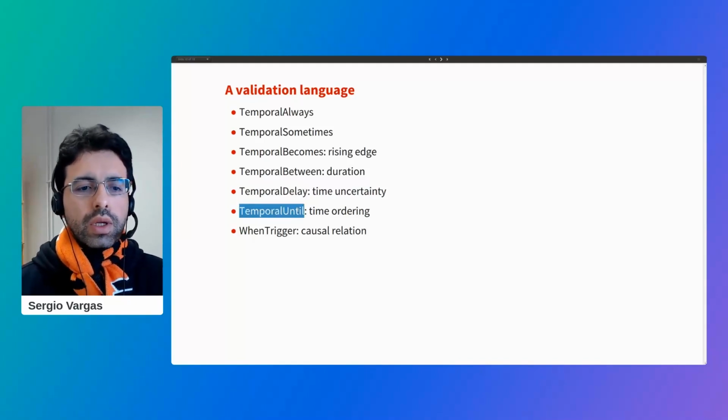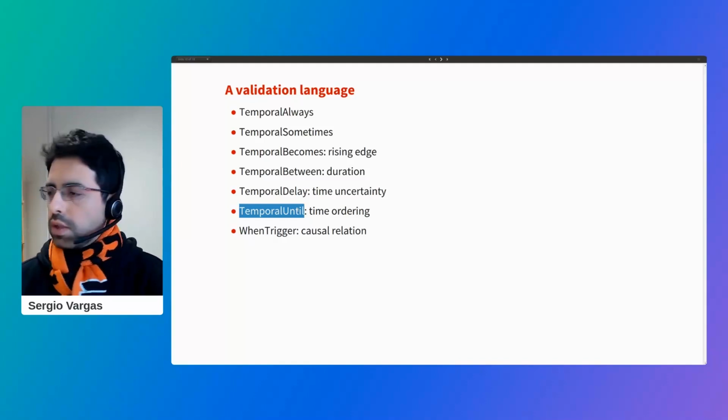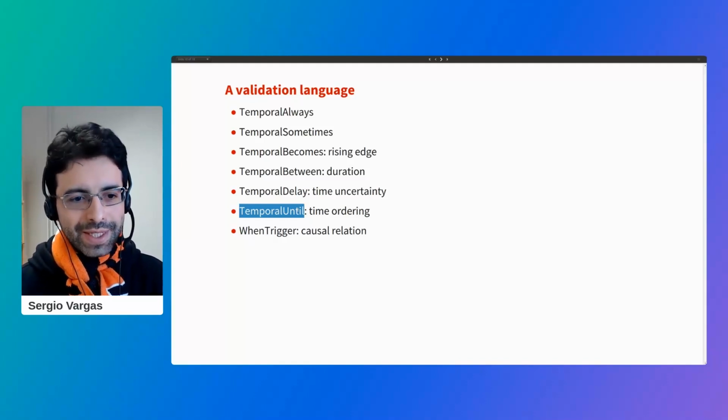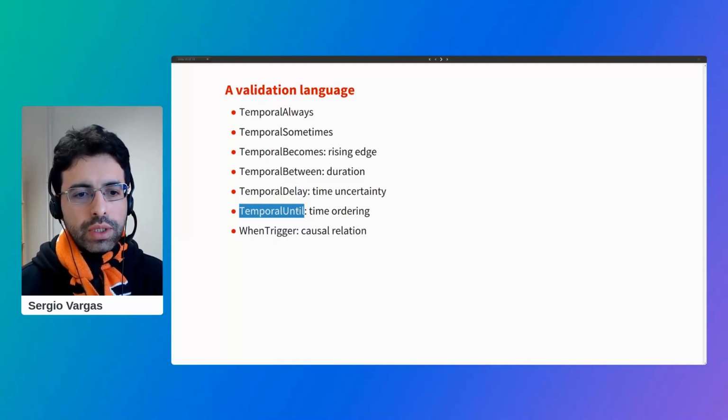Temporal until is going to allow you to order events. Basically, when you need something to happen before something else happens. So this is relevant, for instance, in electronics. Some events must happen in specific orderings, or maybe in aerospace when you're launching a rocket and things must happen in a very specific order.